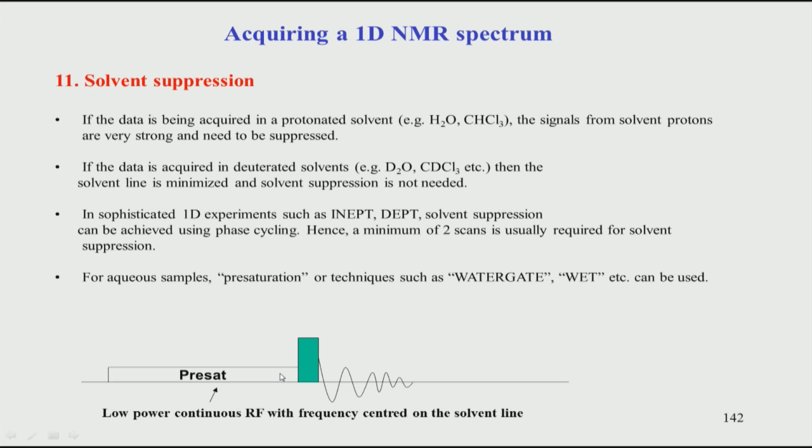Remember, in NMR when we talk about the strength of an irradiation, we talk in terms of hertz. The 90-degree pulse is typically kilohertz, but this is typically 50 to 100 hertz. It is applied on the water resonance, the solvent proton.